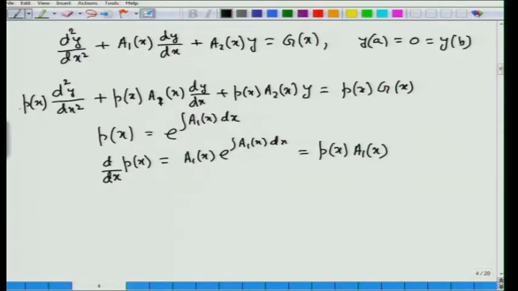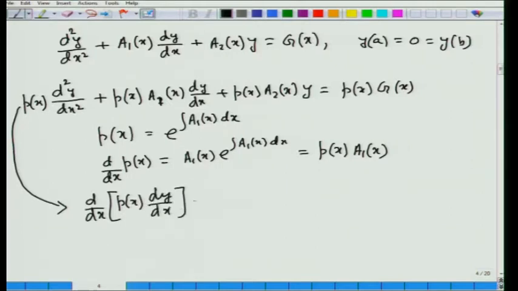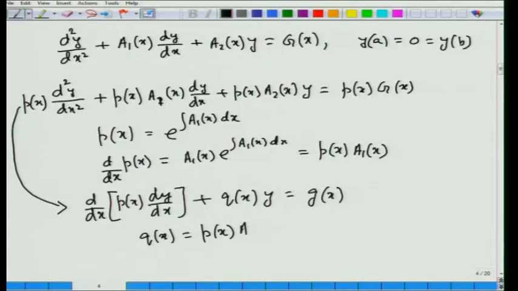So, this equation becomes d dx of p of x dy dx plus q of x y equal to g of x, where q of x is p of x times a 2 of x and small g of x is equal to p of x times capital G of x.